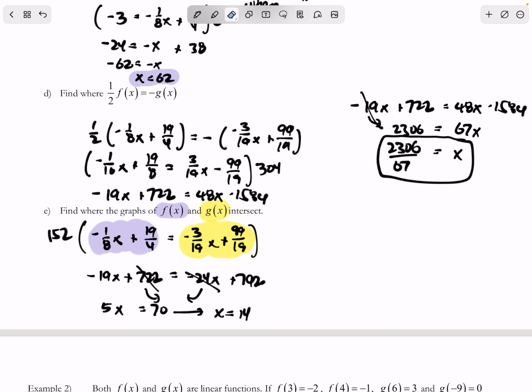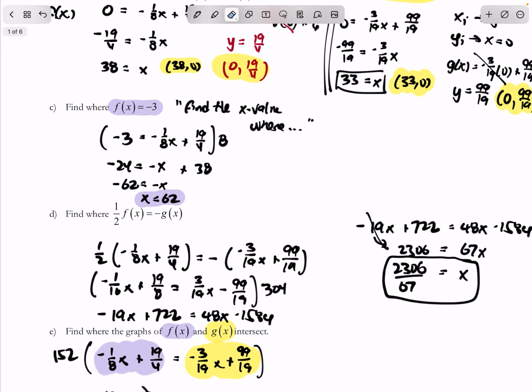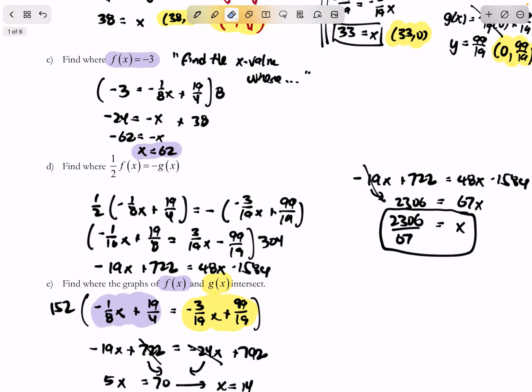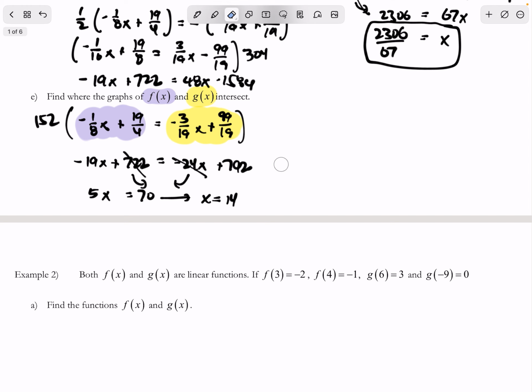And if I plug that into any equation, I'll do the f of x one, which is f of x equals negative 1/8 x plus 19/4, which is 14 plus 19/4.